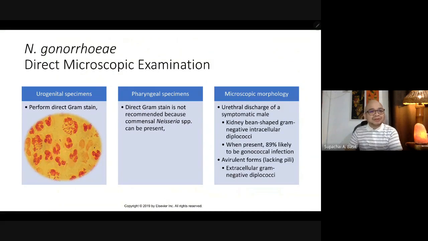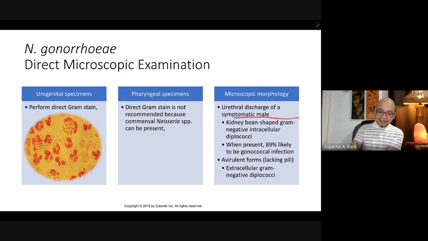So we do direct microscopic examination. For urogenital specimens, we can do the direct gram stain. But for pharyngeal specimens, it is not recommended because we have normal flora of Neisseria in our pharynx. For urethral discharge of a symptomatic male, what are we expected to see?